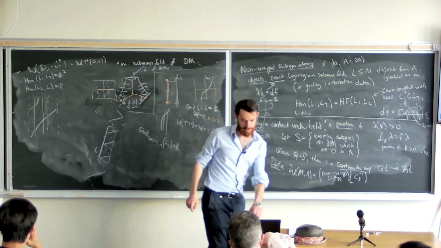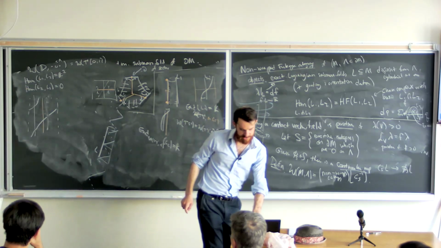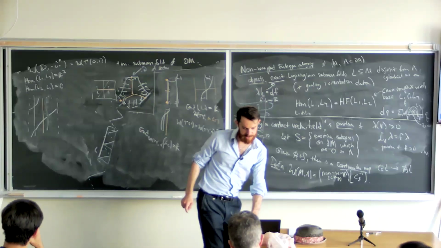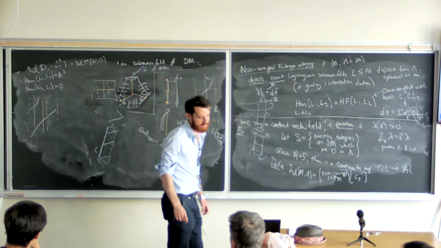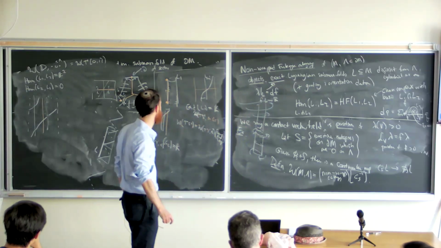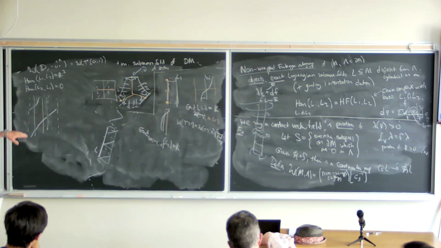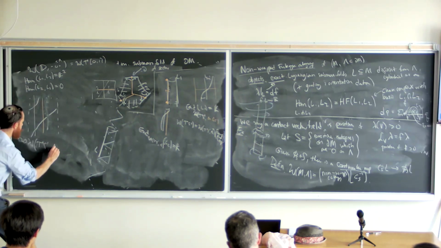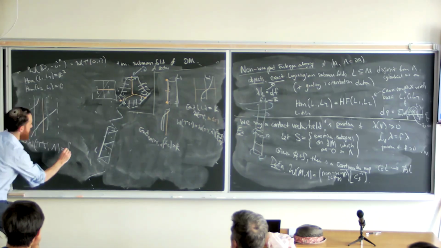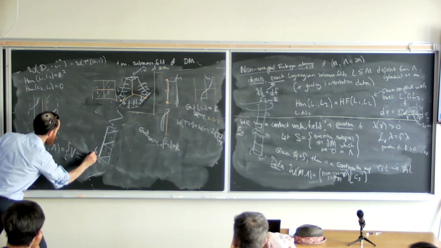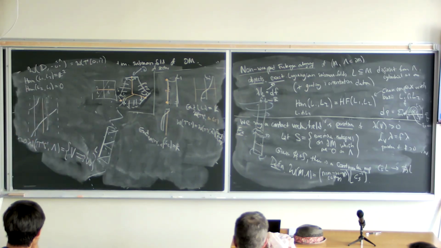And now the point is that after I do this localization, so anyway, this tells you that the category of the wrapped Fukaya category, up to a generation fact which I didn't say so far, this tells you that the wrapped Fukaya category of T star S1 with this stop lambda is equal to the category of a pair of vector spaces V and W with two maps between them.